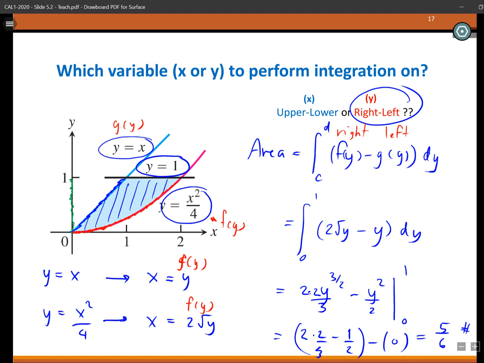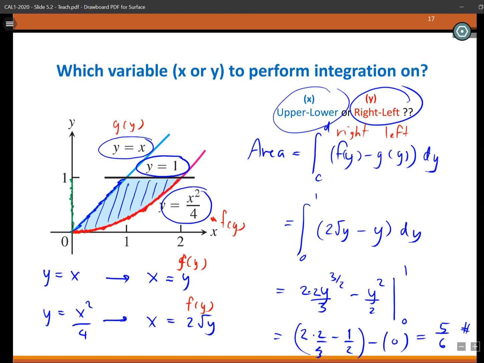So if you pick the right variable to work on, this can be solved quite quickly. On the other hand, if you choose to work on the upper and lower, it means that you have to split this region into two parts, because if you work on x variable, upper and lower, you can see that there is one lower that is clear, right? One lower line.